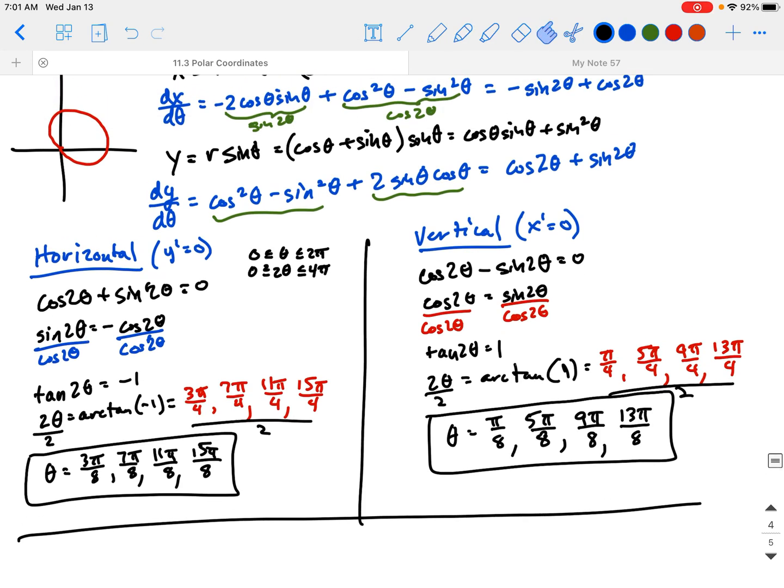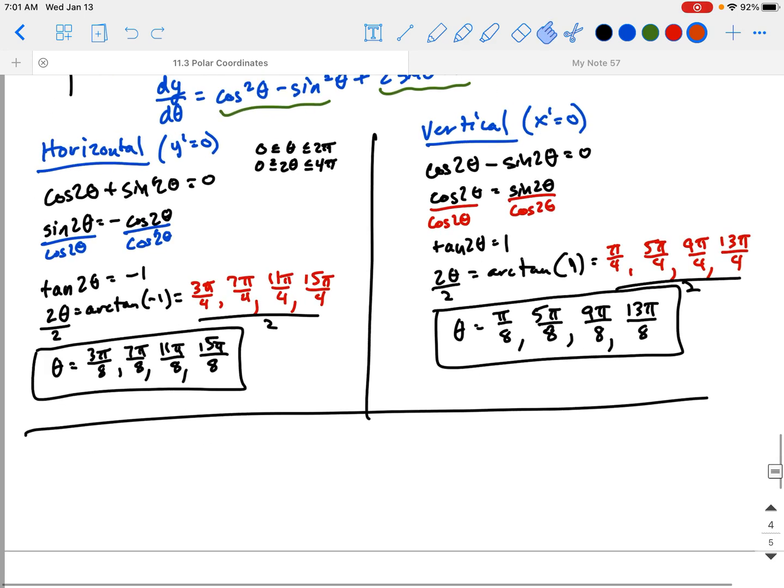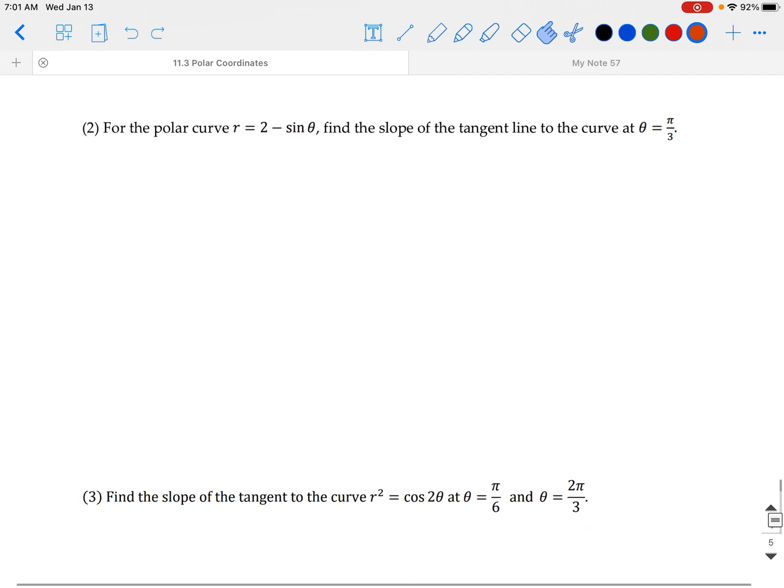And then graphically, we'll know that those values are going to be at the exact sides of the circle that are perfectly horizontal or perfectly vertical. All right, so let's go ahead and move on to the next example.